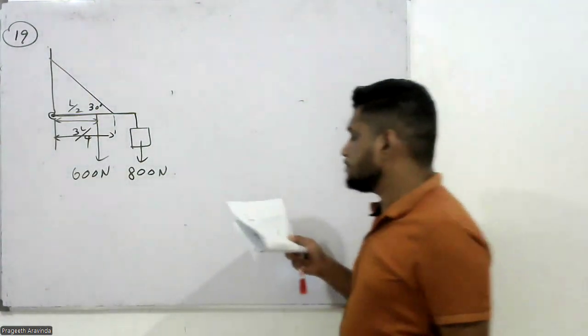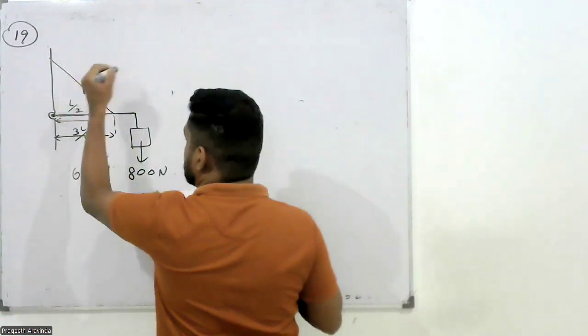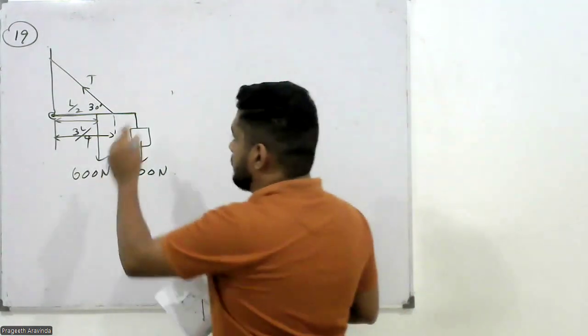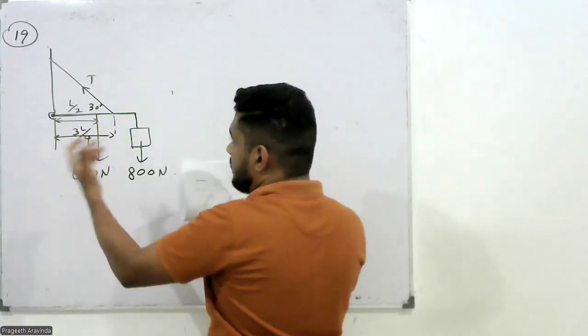So this is the setup, right? So this is the tension here, T. Okay, now the first thing that you want is to draw the free body diagram of this rod.